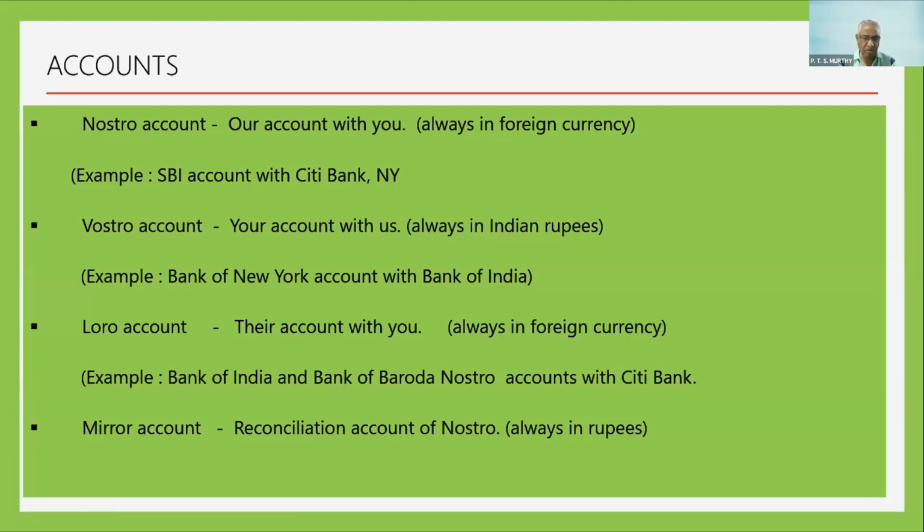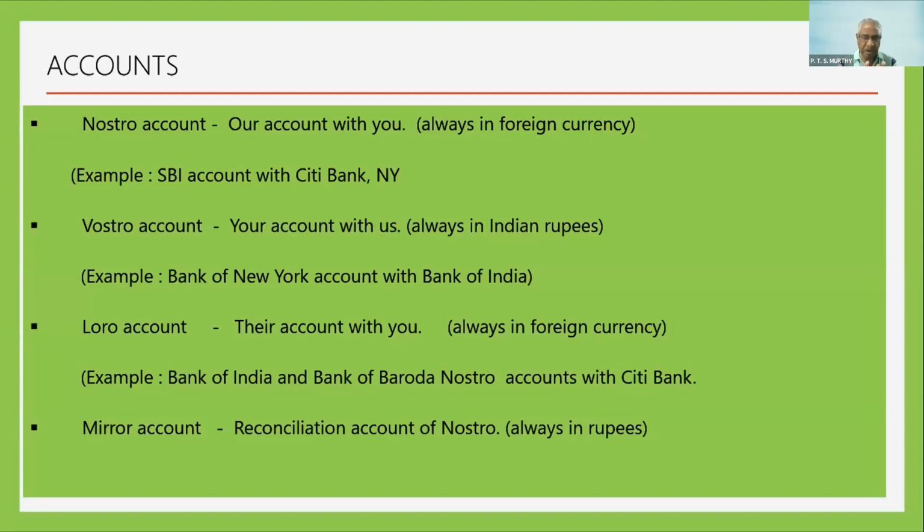Now, the debits and credits are taking place in the foreign currency nostro account. But we should have a corresponding debit or credit in Indian rupees in Indian accounts also. So for effecting debit or credit transactions, we use mirror accounts. For each nostro account we have, there will be one mirror account.